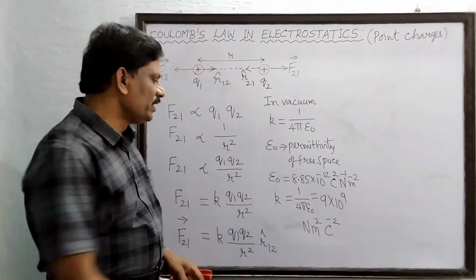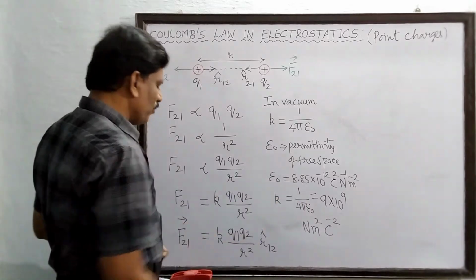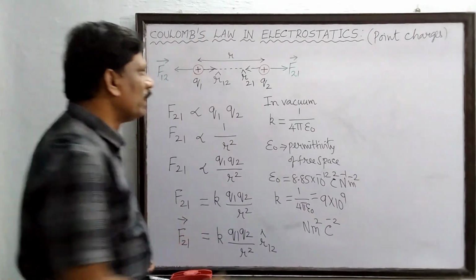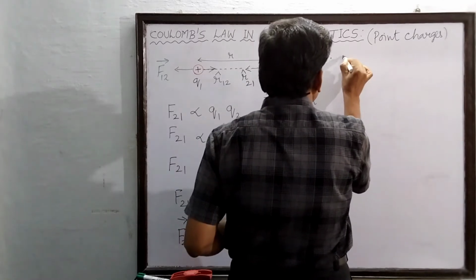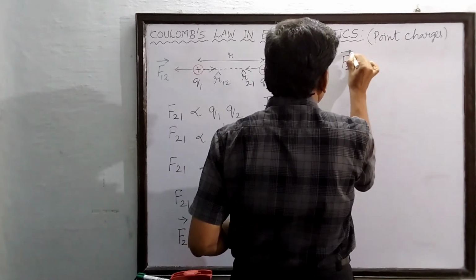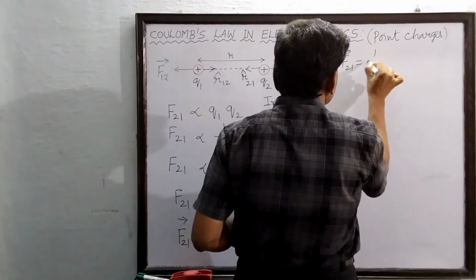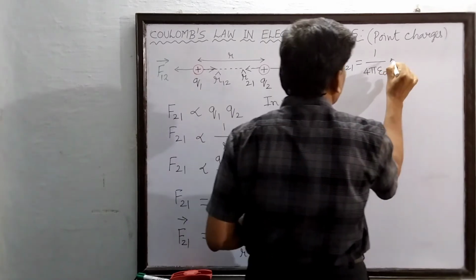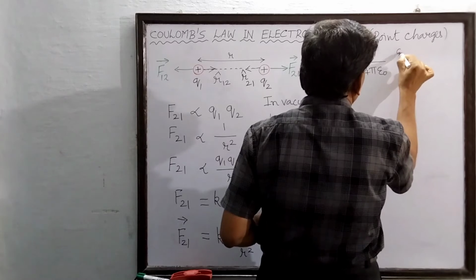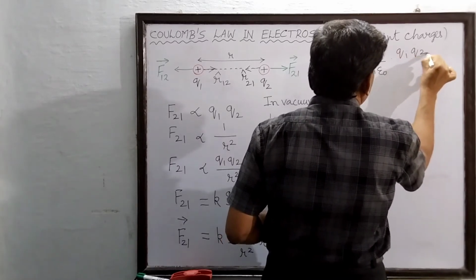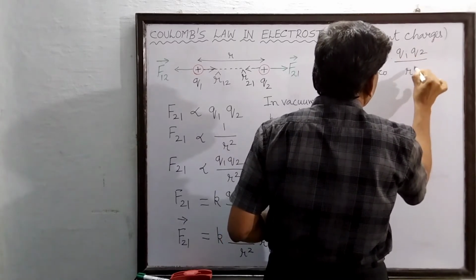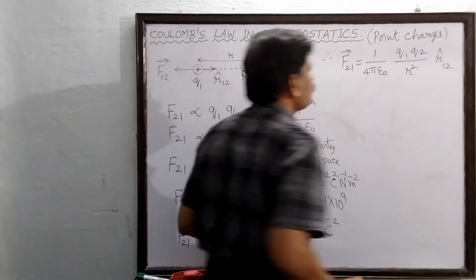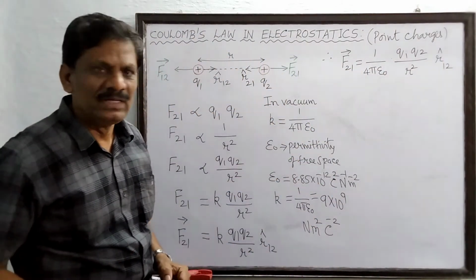So I am going to substitute K equal to 1 by 4 pi epsilon naught in the expression for F21. Therefore, F21 vector is equal to 1 by 4 pi epsilon naught into Q1 Q2 divided by r square into r cap 12. This is in vector form.